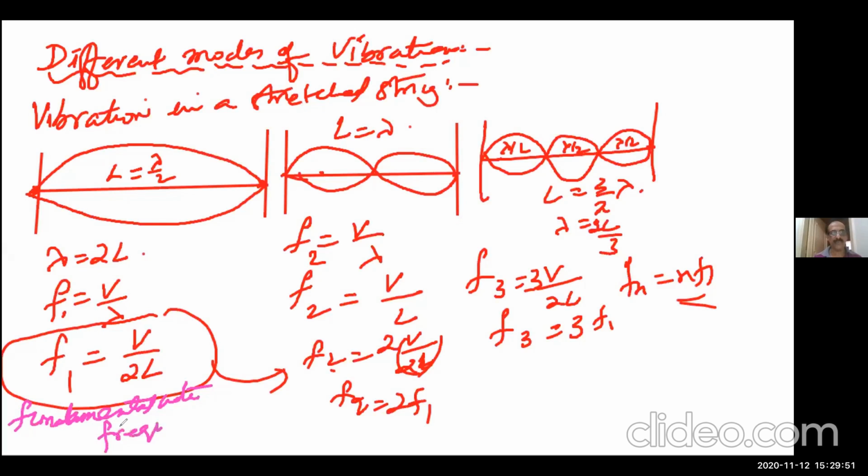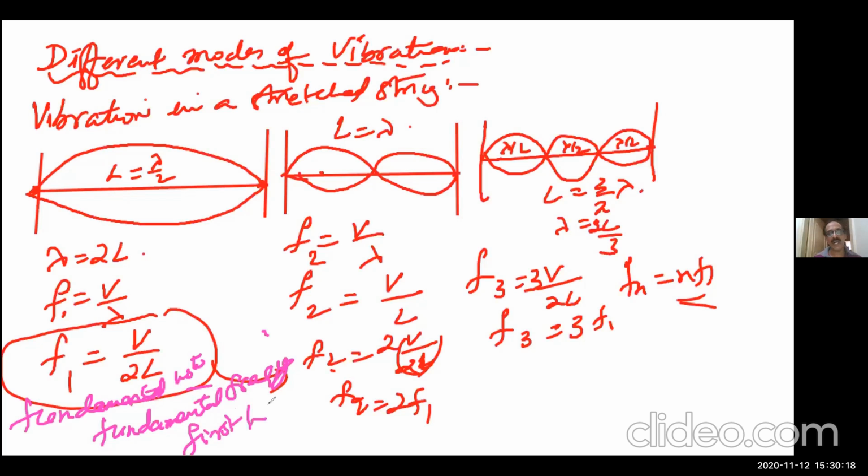So the first one we can write: fundamental note, usually the term musicians use. Then fundamental frequency, and also first harmonic.